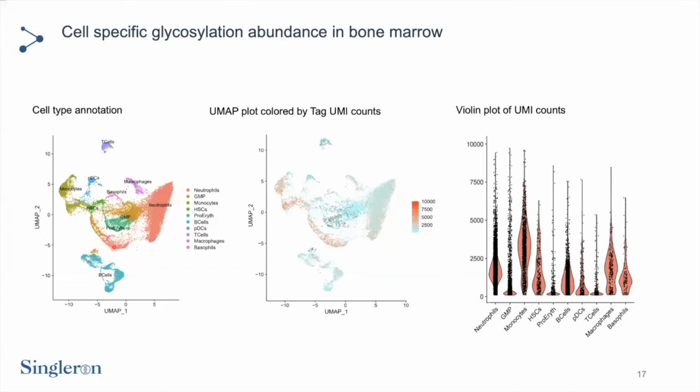These groups of cells are GMPs and neutrophils, and of course part of the monocytes. That means these cells naturally have more glycosylation events going on on their cell surface compared to the other cells in the tissue. And on the violin plot on the right side, this is also reflected. The monocytes and neutrophils have the highest tag UMI counts.